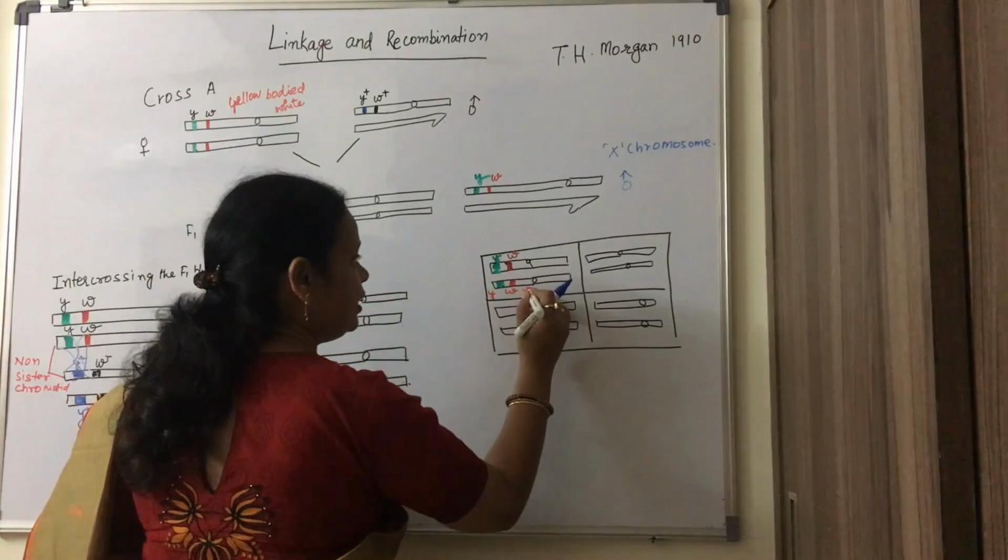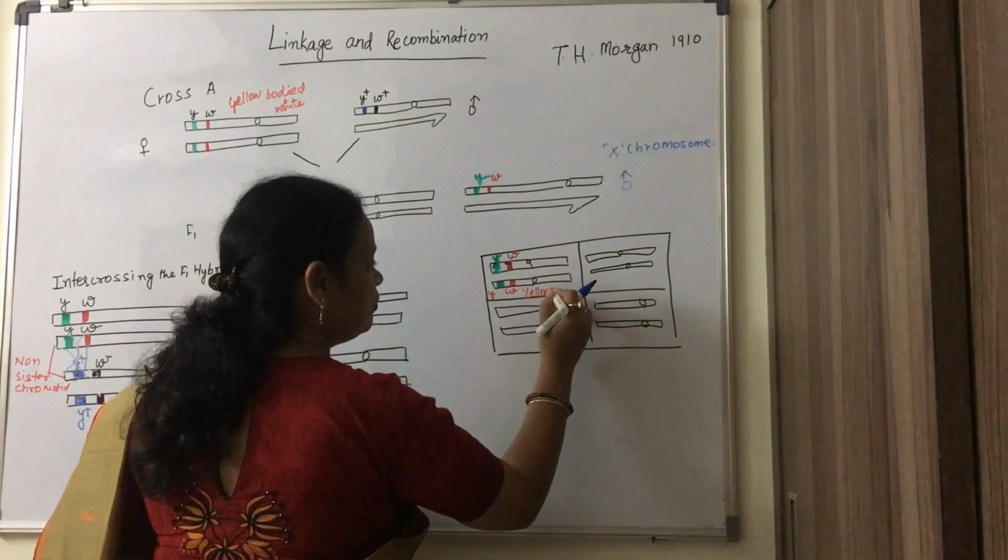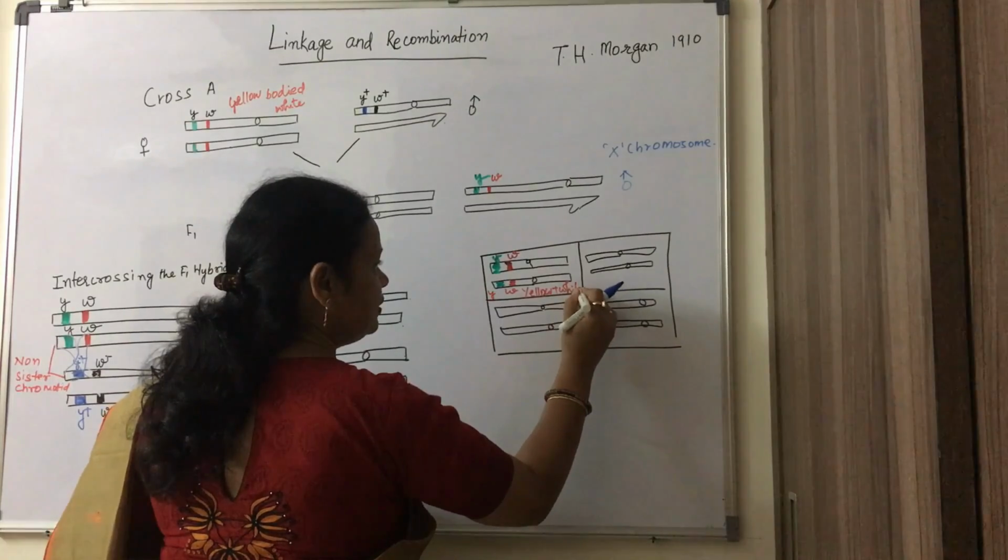So we can say here yellow bodied plus white eyed.